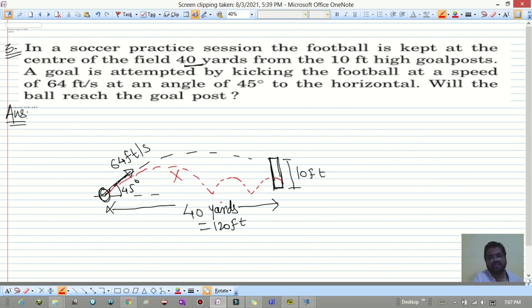Because they didn't give any coefficient of restitution for this collision, right? So this possibility is not there. One more possibility is that this ball will go above, right? From above the goalpost. This is also a possibility. So we have to check whether this possibility and this possibility.